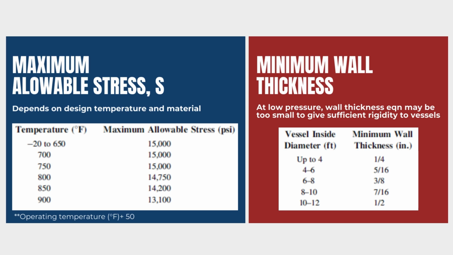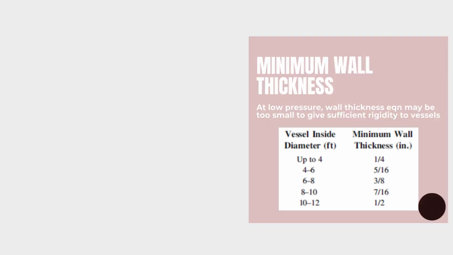At a given temperature, different steel compositions have different values for the maximum allowable stress. Furthermore, at low pressure, wall thicknesses calculated from the equation of TP may be too small to give sufficient rigidity to vessels. Accordingly, the minimum wall thicknesses in the table on the right-hand side should be used.